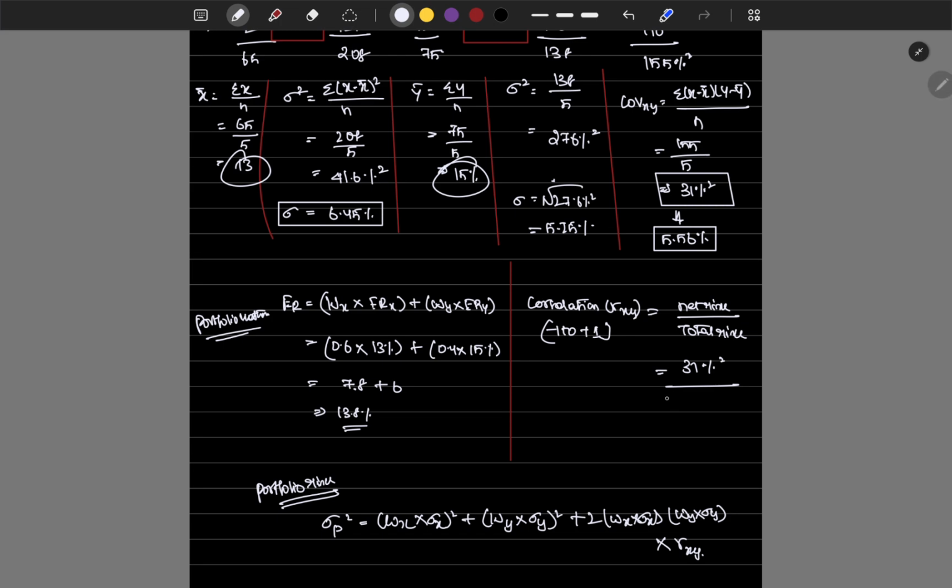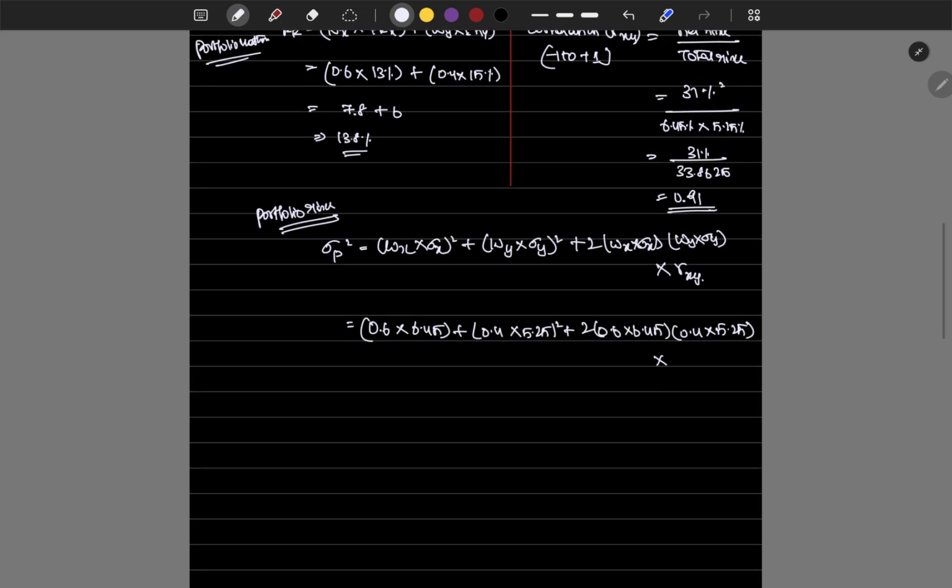The risk of x is 6.45 percent, into risk of y is 5.25 percent. Let's multiply 6.45 into 5.25, which is 33.8625. So 31 divided by 33.8625, which is 0.91 is the correlation. Okay, we got the correlation here.